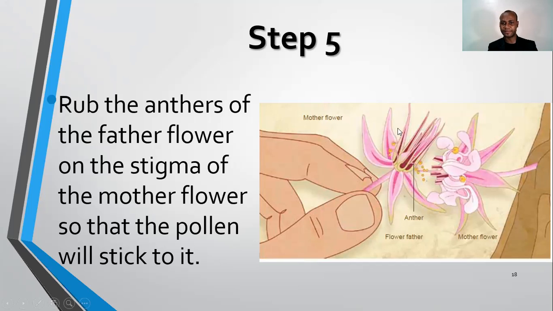One flower like this can be used to pollinate even more than 10 different flowers on the mother tree, depending on how many anthers are found here. So one anther can be used to pollinate one flower like that.